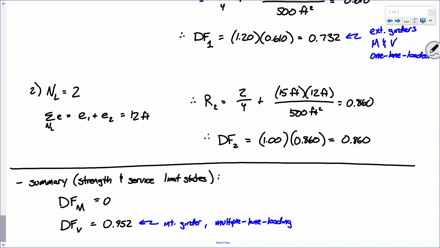So I propose it's 0.86. And where did we get that? We got that from special analysis. We'll say special analysis for 2 lanes loaded. So far, so good?